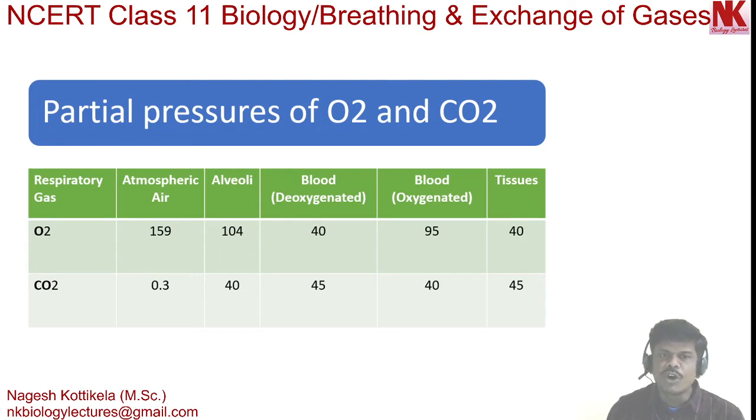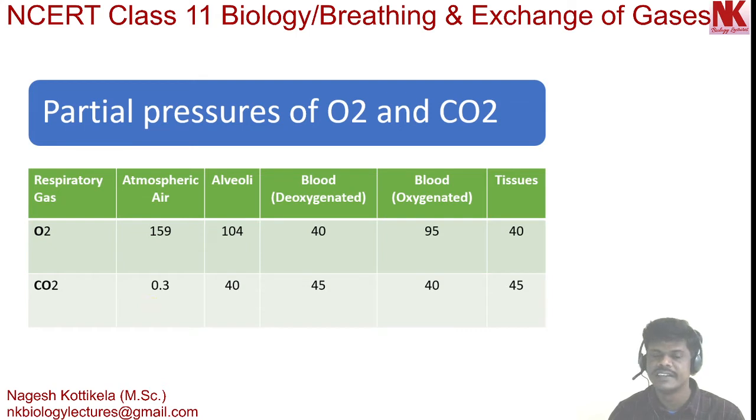Let's discuss partial pressures of oxygen and carbon dioxide in different parts. Here you can see in atmospheric air, partial pressure of oxygen is 159 mm of Hg and partial pressure of carbon dioxide is 0.3.